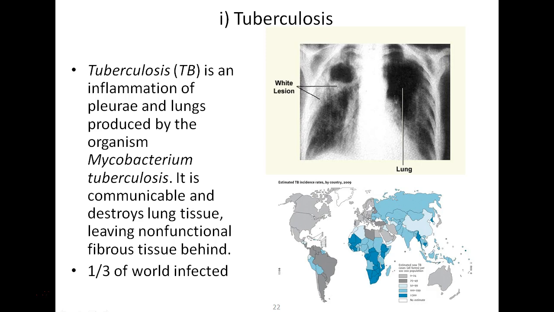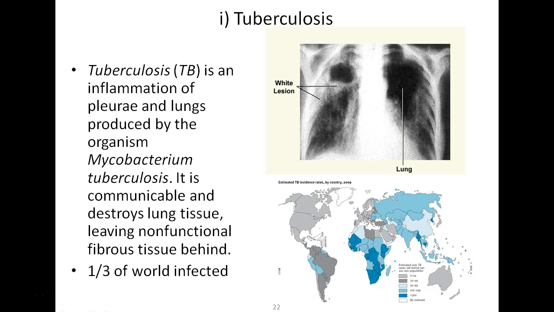And we leave off today talking about tuberculosis. That's going to be an inflammation of the pleura in the lungs. So this inflammation of the delicate membranes around the lungs is actually caused by a bacteria, and therefore it is communicable. It can be spread.